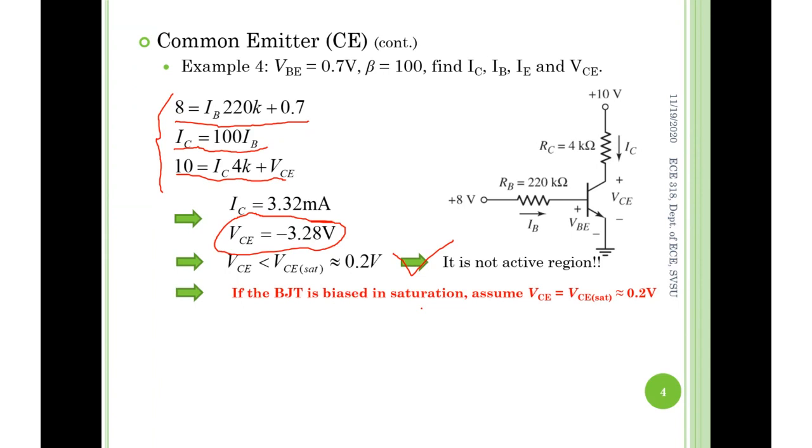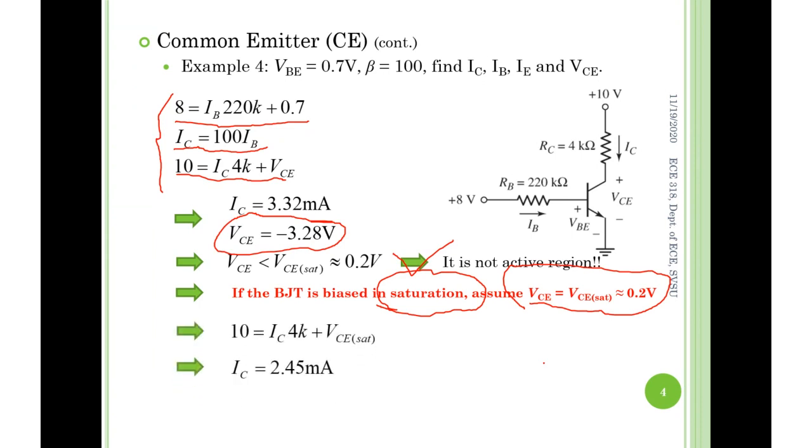It means now the BJT is biased in the saturation region. Therefore, the solution is to give VCE 0.2 volt, substitute it back into the analysis, and then you find IC.